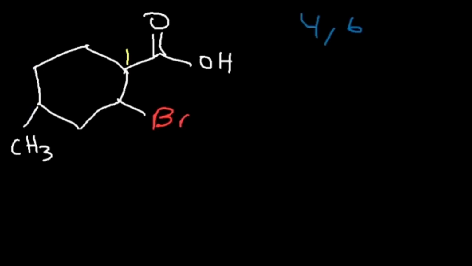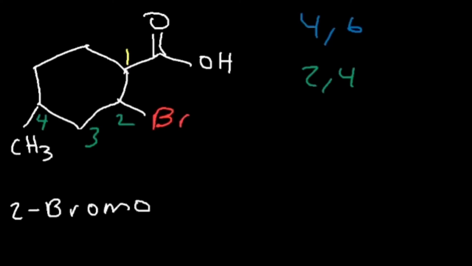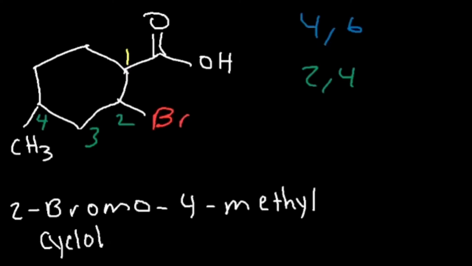If we count it clockwise, the 2 substituents will be at 2 and 4, which is better. So that's the way we want to go. And then we just got to put it in alphabetical order. So B comes before M. This is going to be called 2-bromo dash 4-methyl. And then after that, cyclohexane carboxylic acid.